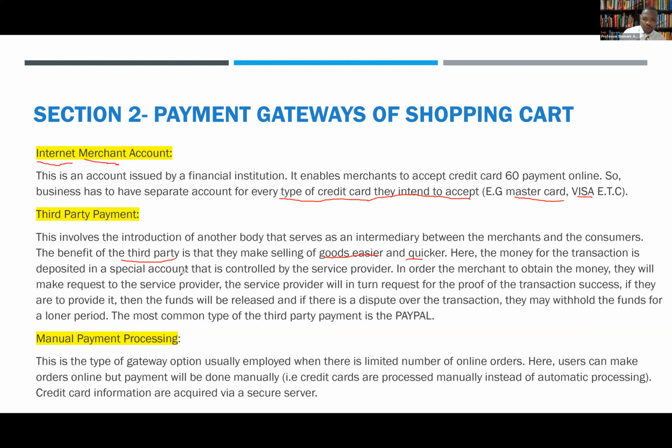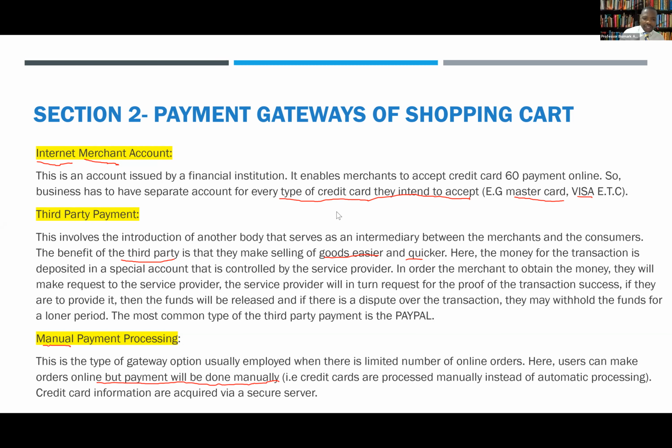And then the last one we have is manual, like the word means itself, manual payment processing. This is the type of gateway option usually employed when there's a limited number of online orders. Here, users can make online order payments, but payment is done manually. Credit cards are processed manually instead of automated systems or processing.